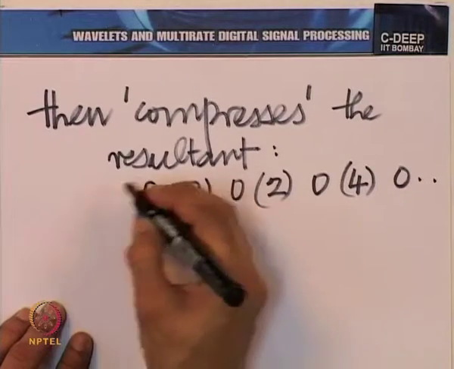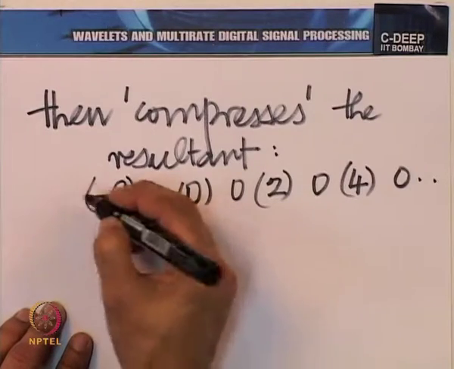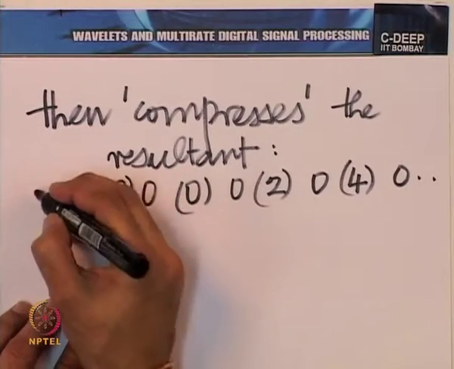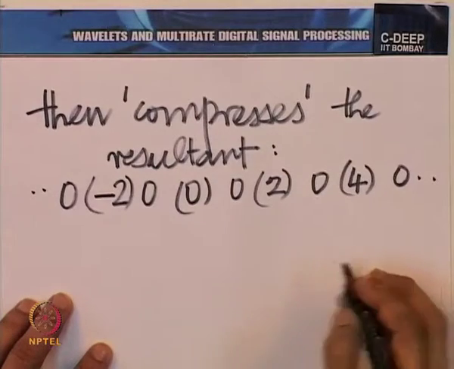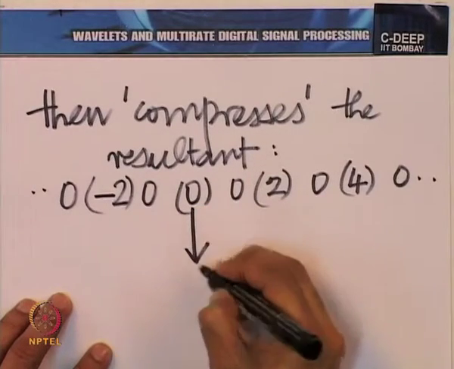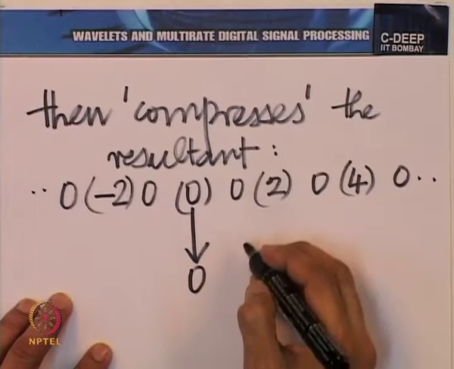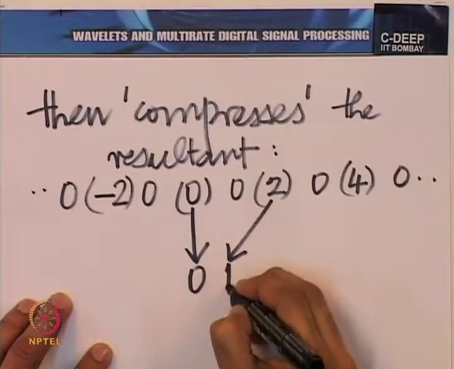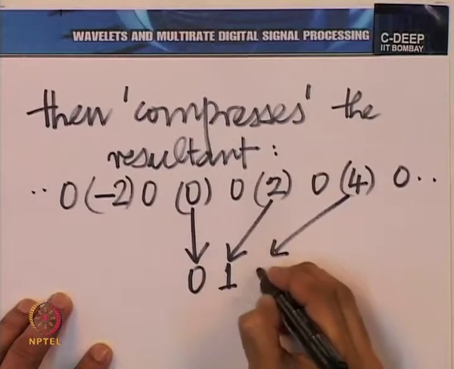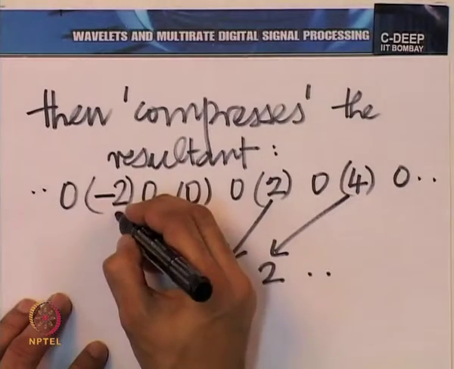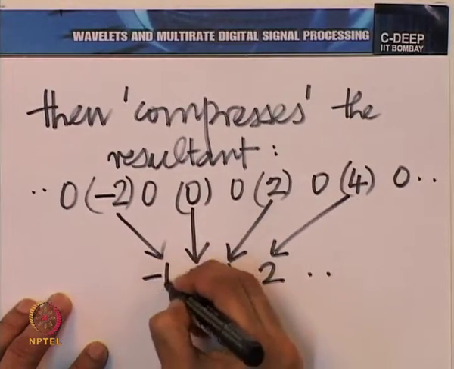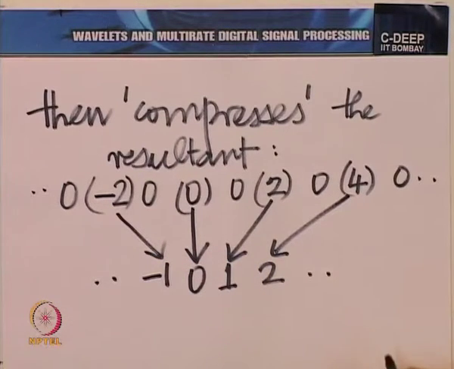You have a 0 in place of minus 1, then a minus 2 where it was, 0 in place of minus 3 and so on and so forth here. And the compression brings 0 to the point 0, this to the point 1, 4 to the point 2 and so on and so forth, and here it brings minus 2 to the point minus 1 and so on and so forth. So, there is a so called compression taking place, a removal of the unwanted zeros.